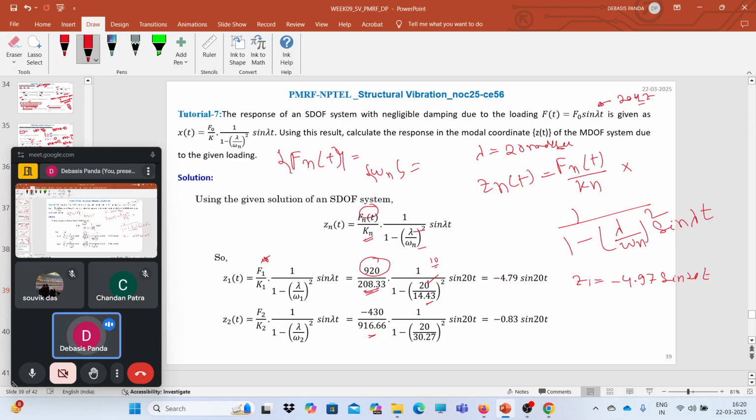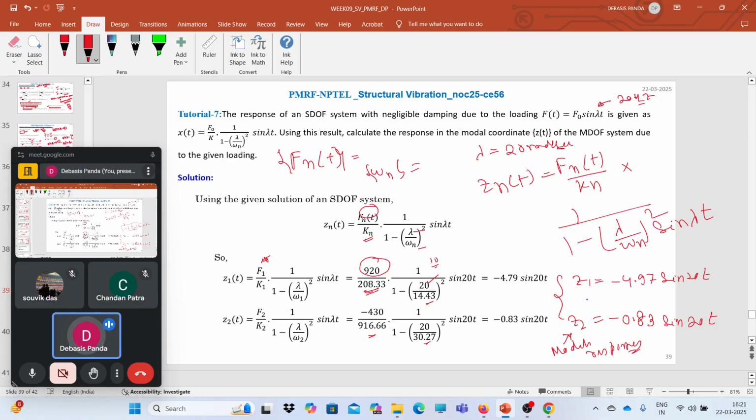Instead of 19 you will have 20, instead of 14.40 you will have around 15 or 13, and instead of this you will get 29. So Z1 and Z2 have the values minus 4.97 sin 20t and minus 0.83 sin 20t. These are the modal responses.